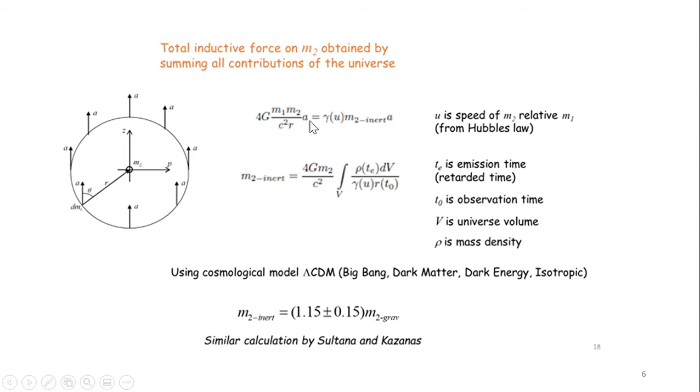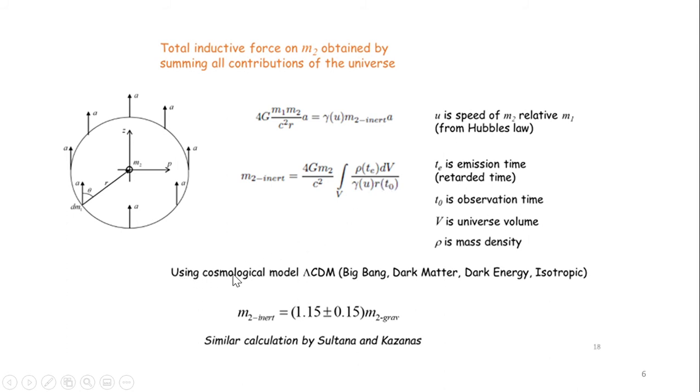I divide by the relativistic factor gamma, and then I integrate over the universe volume. Here is the mass element corresponding to M1, density times volume element. We have the relativistic factor here, and then the distance between M2 and the particular mass element. Then we see that the mass element should be given at emission time, that is the retarded time, whereas the distance should be given at observation time. So there are two different times in this integral that we have to handle.